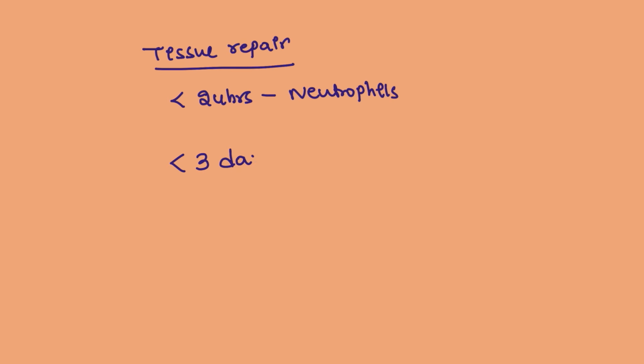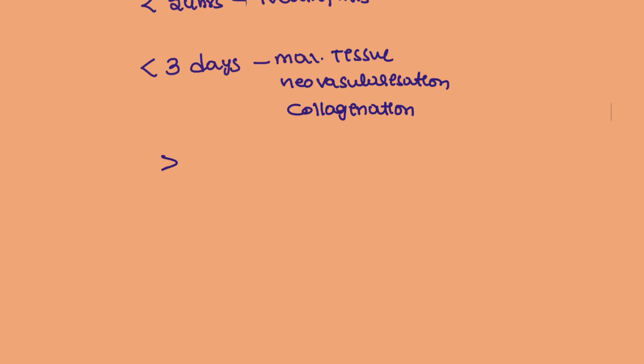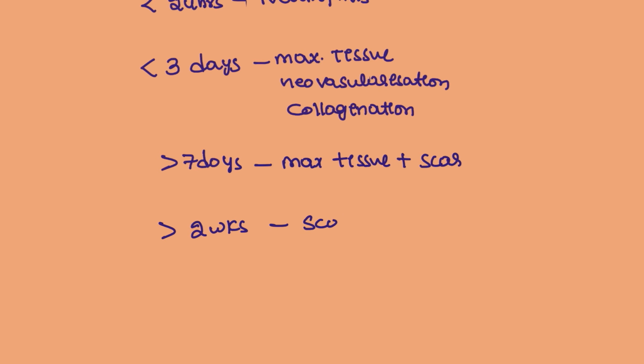Next, less than 3 days, here the maximum tissue is formed, and neovascularization is done, and also collagenation is done. Next, more than 7 days, here the maximum tissue is formed with scar, and more than 2 weeks, the scar completes.